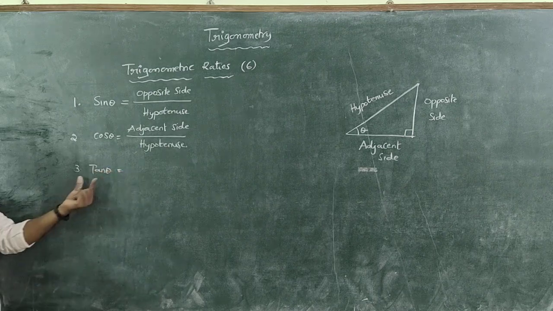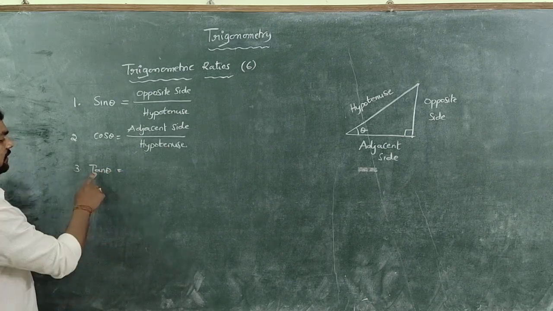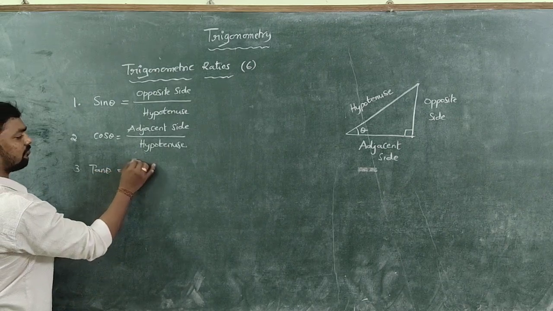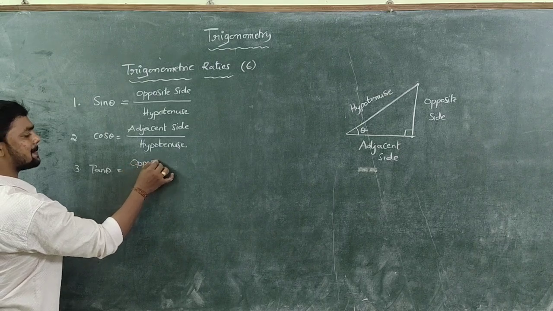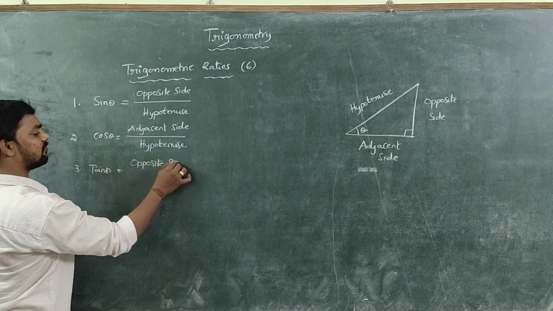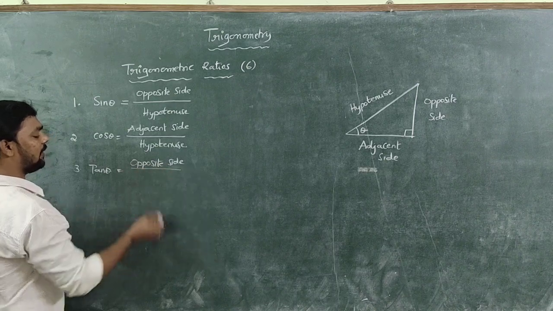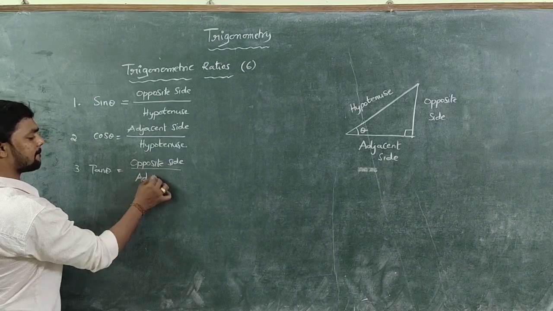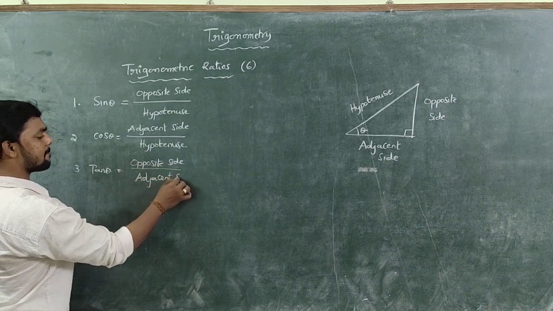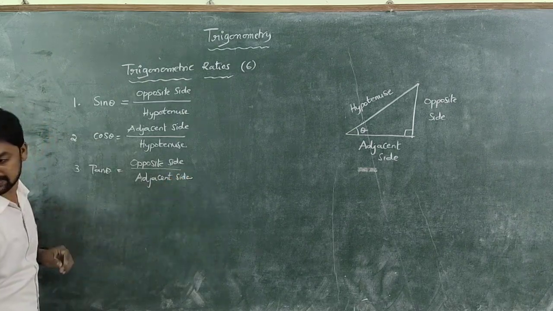Tan theta means tangent. Tan theta is equal to opposite side by adjacent side.